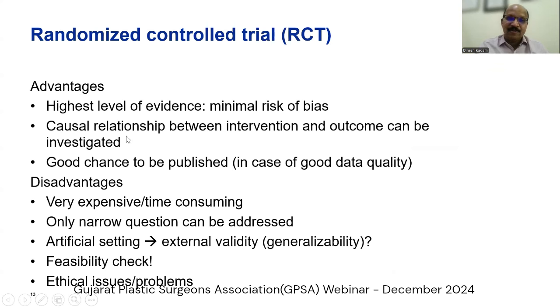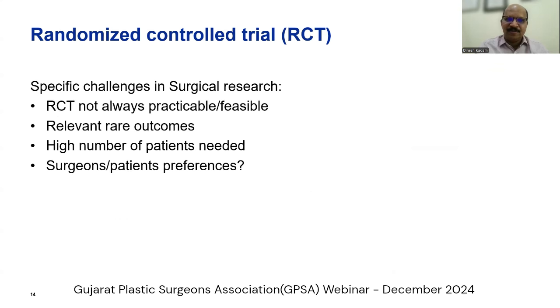You can establish a cause and effect relationship. If you conduct a well-designed RCT, the chance of publication is almost 100%. The disadvantage, of course, is that it's expensive and time consuming. Only a narrow research question can be addressed, and of course there could be ethical issues, especially in surgical practice.